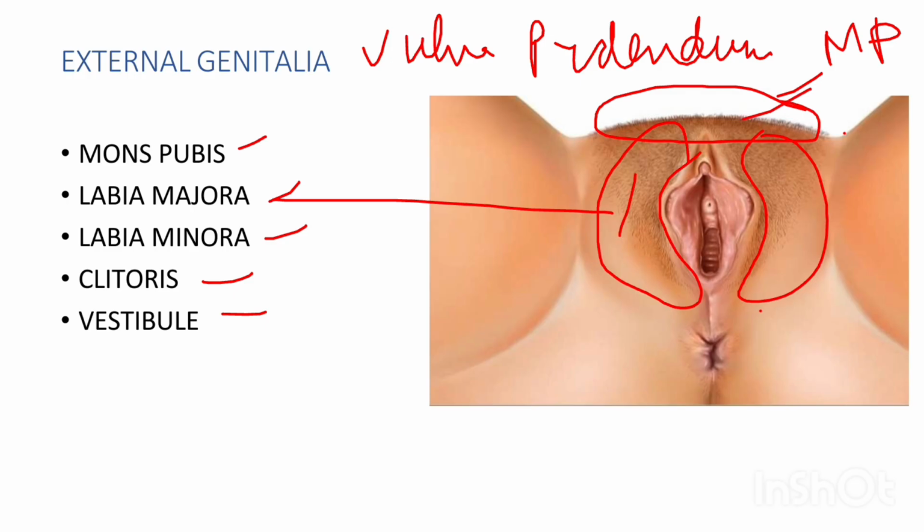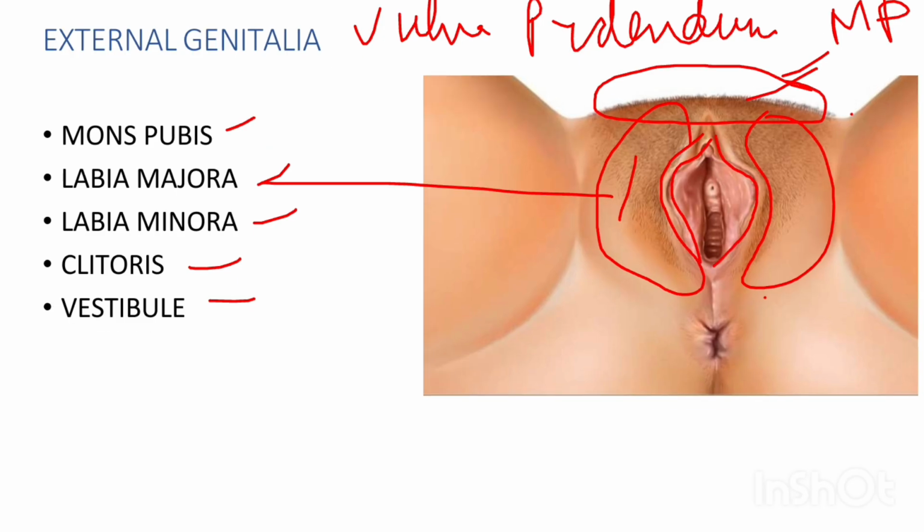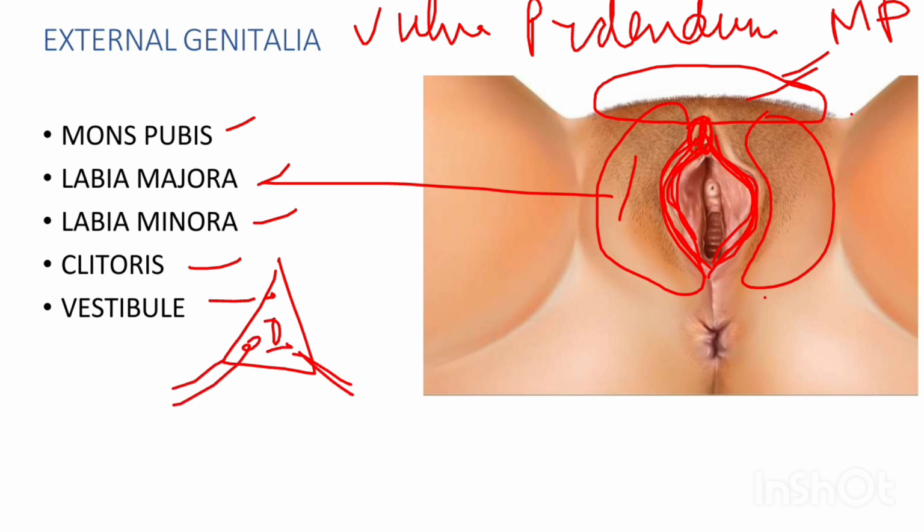In mons pubis, hair is also present, but in this area, where the hairs are absent, is labia minora, literally enclosed by labia majora. Labia minora meet anteriorly and form the clitoris. Then the vestibule is a triangular shape in which openings are present, like the urethral opening, vaginal opening, and Bartholin duct opening. So these consist of the vestibule.